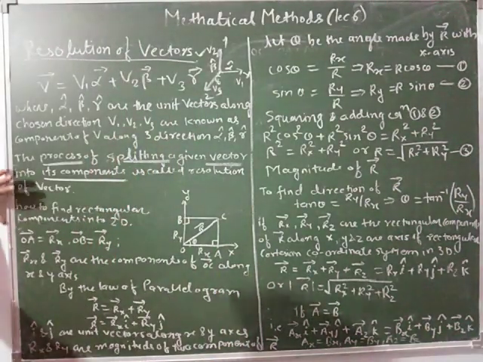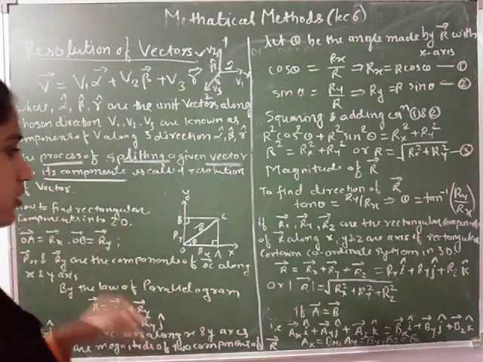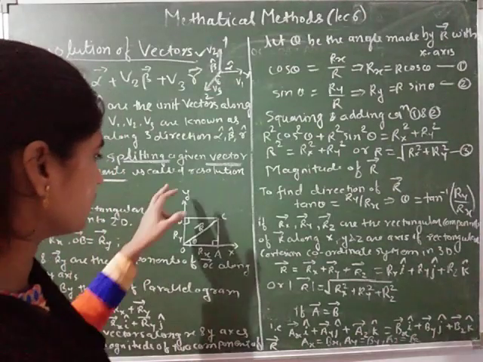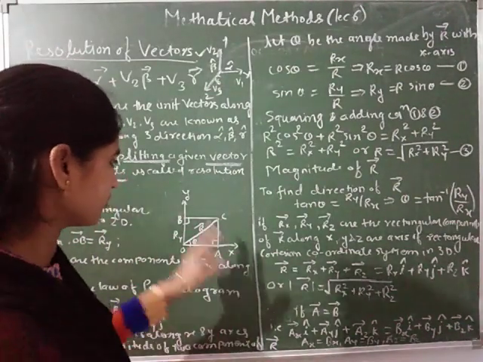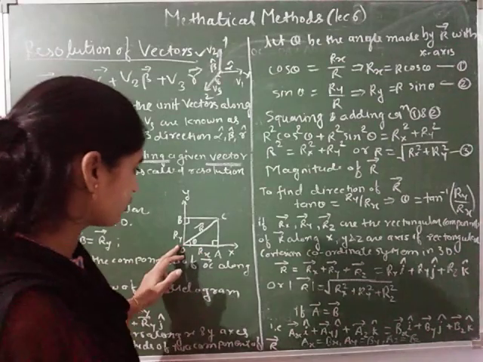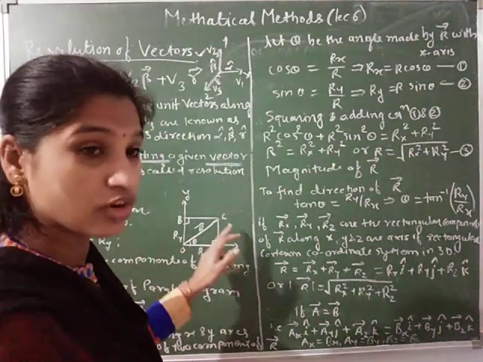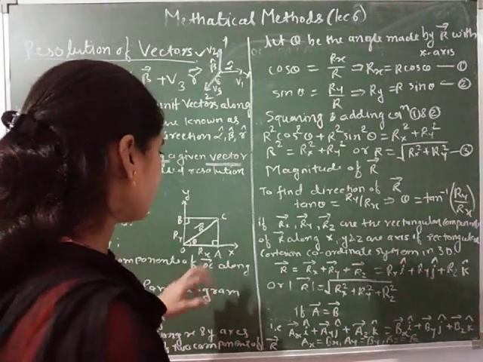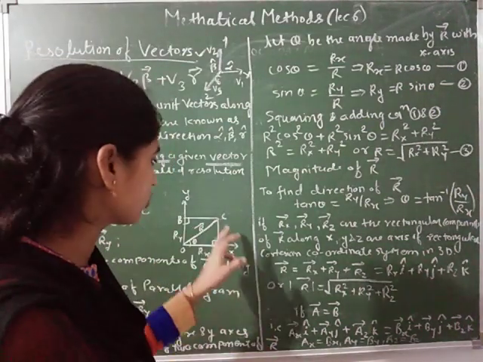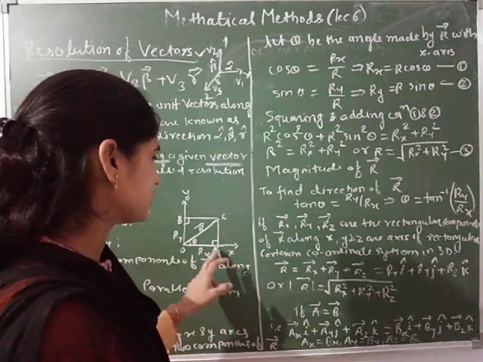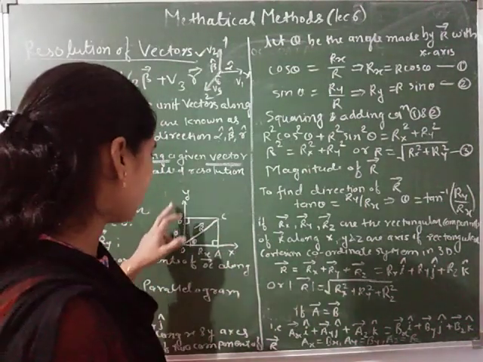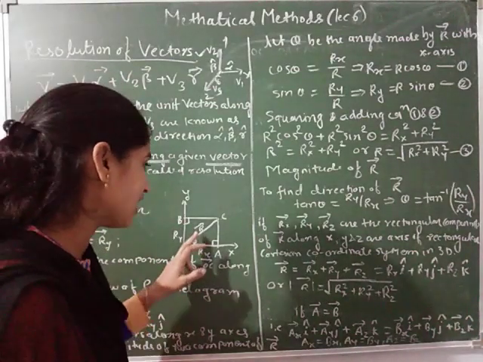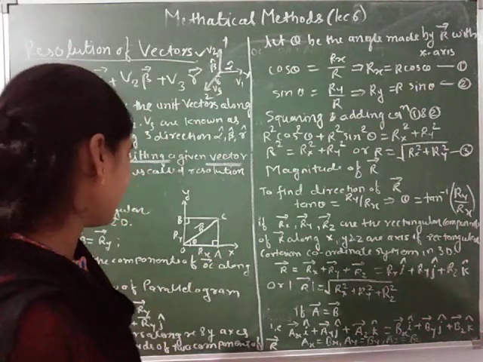Suppose we have to find out the rectilinear components in two dimensions. Here we have x-axis and y-axis. We draw a vector OC from O, which is given by vector R, and we draw perpendiculars from C on the x-axis, meeting at point A, and on the y-axis, meeting at point B. That vector R makes an angle theta with the x-axis.